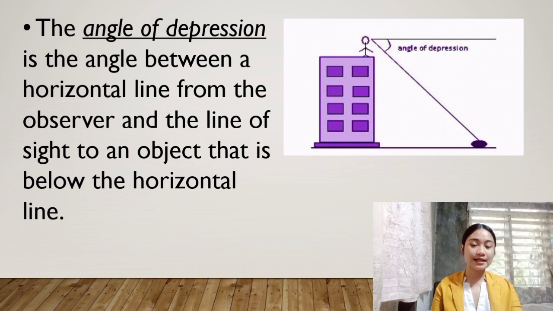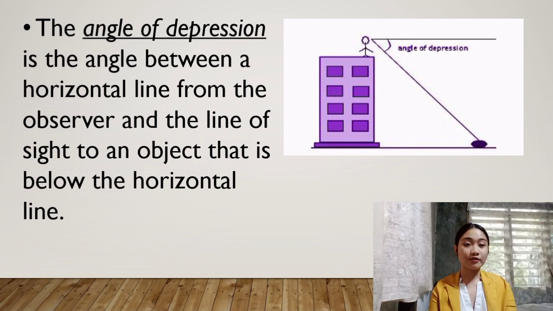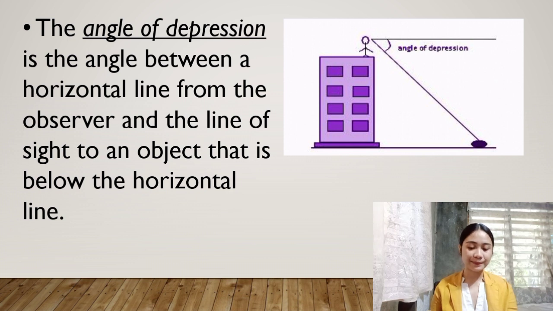That is the example of depression, pag yung paningin natin is pababa. It is very clear the differences between the two, their concept. Yung angle of elevation is yung tumitingin ka sa taas, while yung depression, pababa.